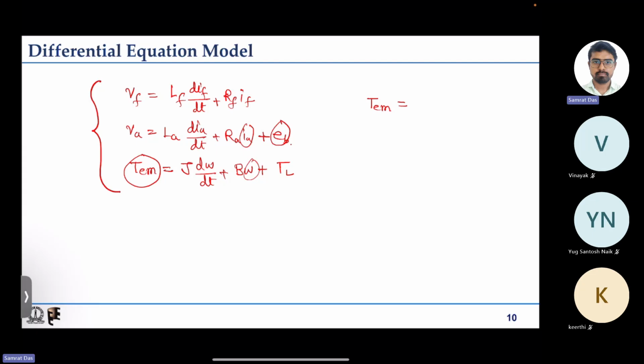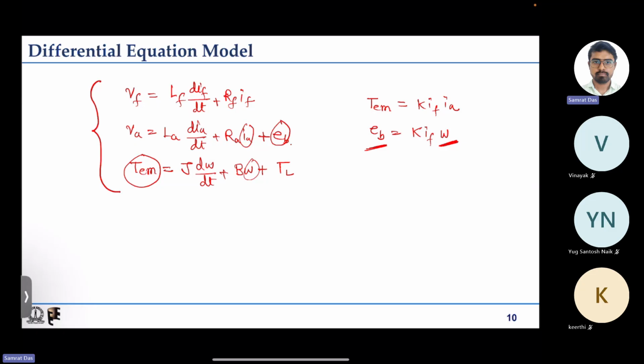But if you have static equations, then only the present input is enough for you to tell the present output. Like Eb equals kf if into omega. If you know speed at any instant of time, you know the back EMF, because there is no dynamic thing involved between the two.